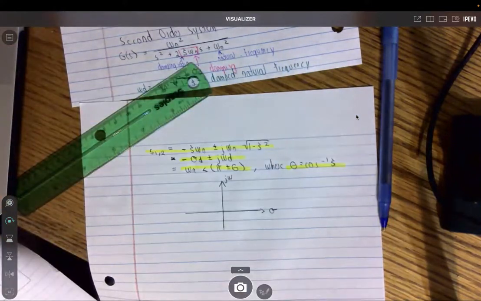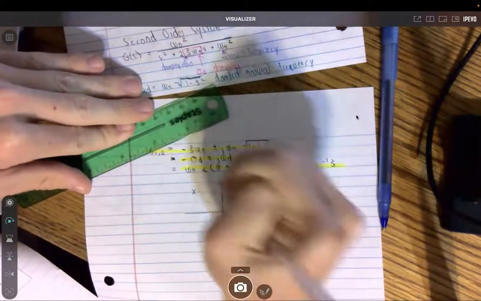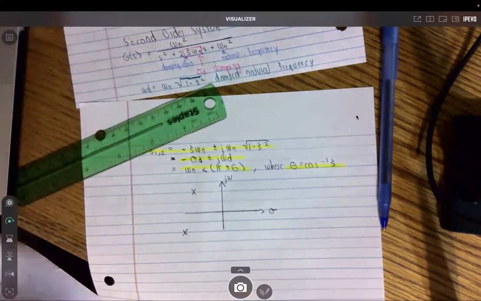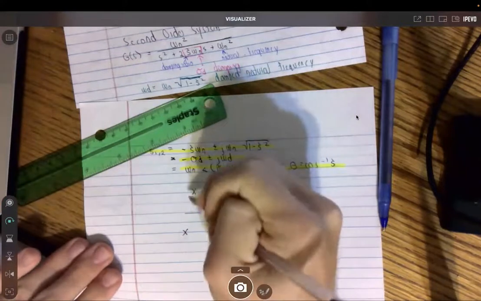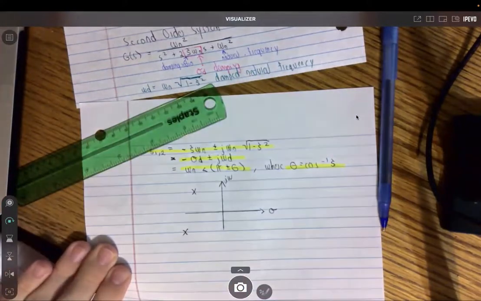When you have your two pole locations, say our poles are here and here, sorry, those aren't aligned as well, but they are complex poles, so they come in pairs. They should be directly on top of each other.